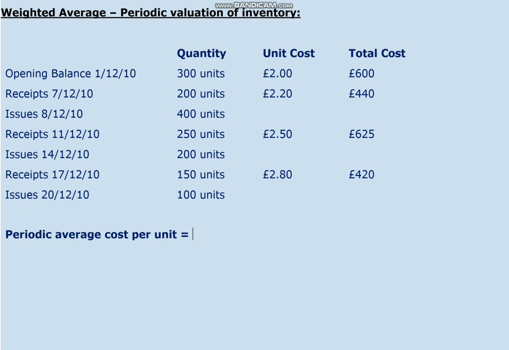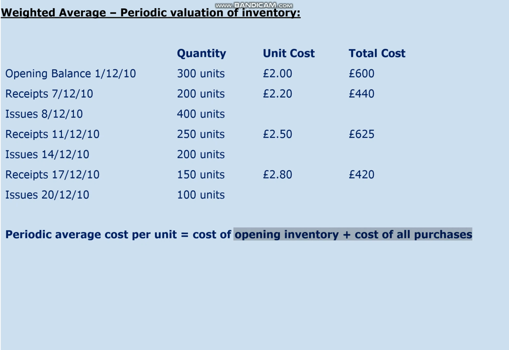So the formula we use here is very simple. We take the cost of opening inventory, then we add the cost of all purchases.